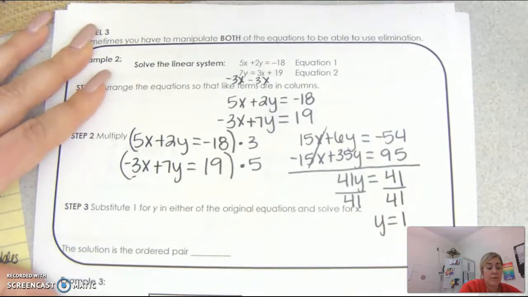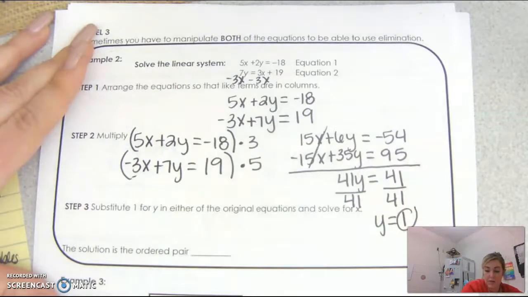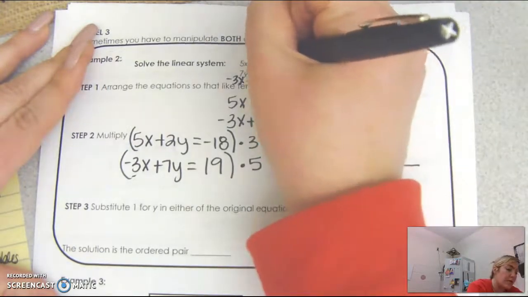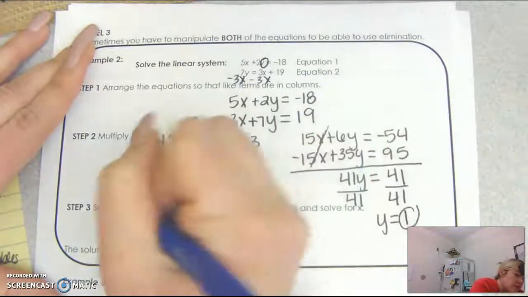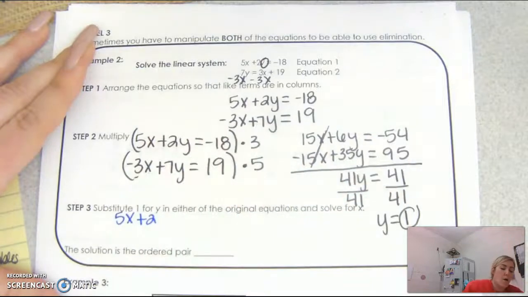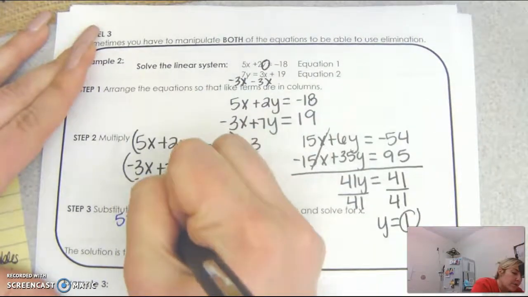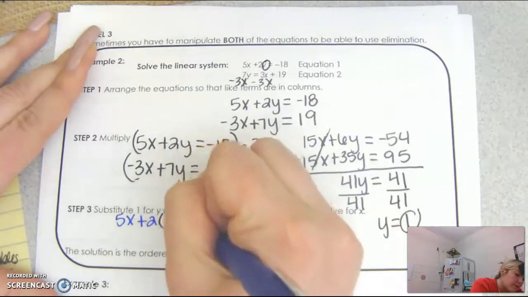Now I just do what I've been doing. So I take that 1 and I substitute it into the original equation. So my original top equation said 5x plus 2 instead of y. I'm going to replace it with 1, equals negative 18.